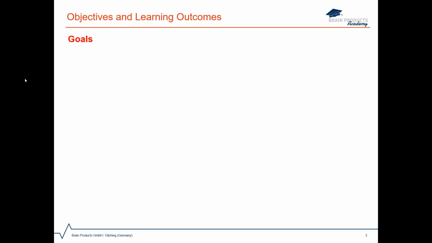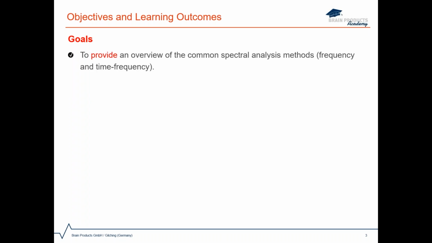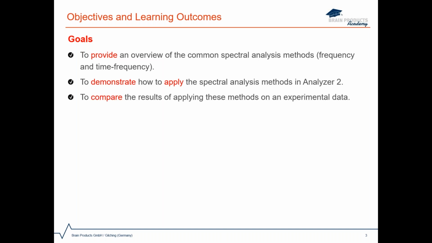The intended goals of this webinar are first, to provide an overview of spectral analysis methods, and next is to show how to apply those analysis methods in Analyzer 2, and lastly is to compare the results of applying these methods on experimental data in order to elucidate the relationship between them.